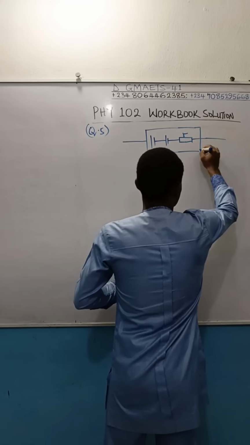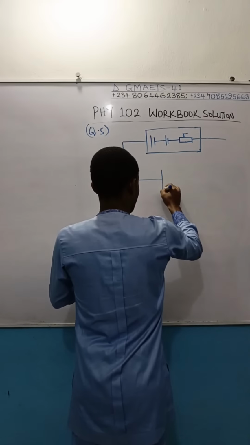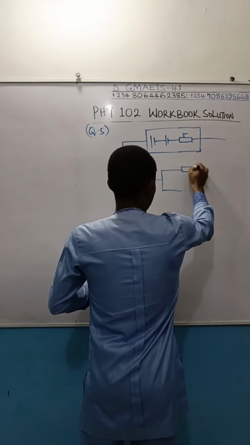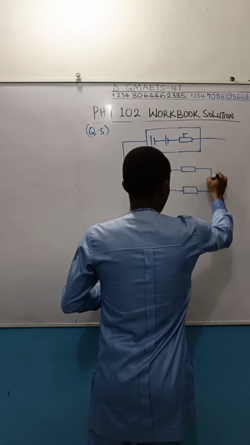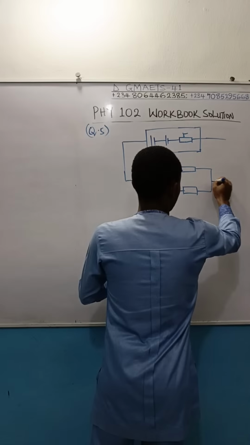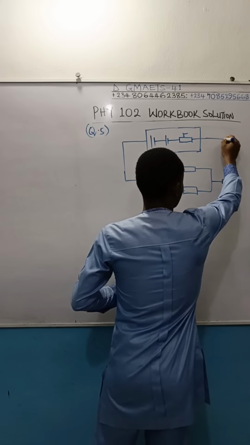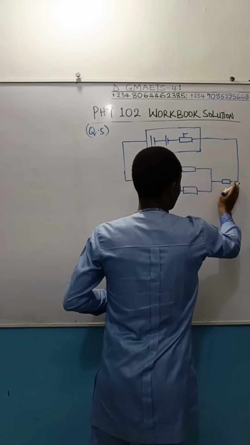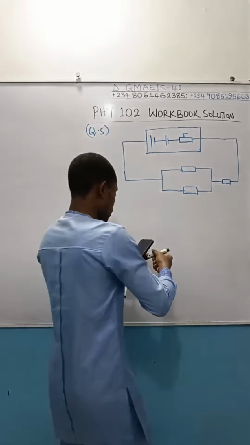So we've got the diagram this way, something like this. And then we have the values as given.